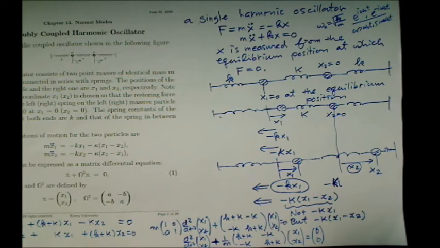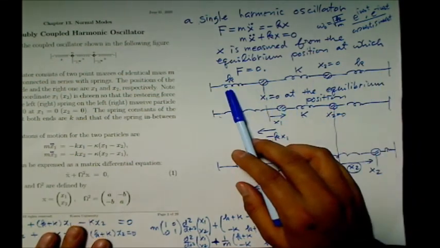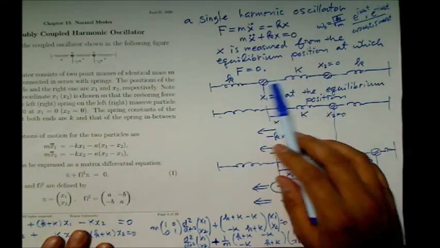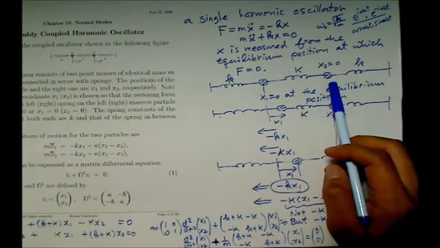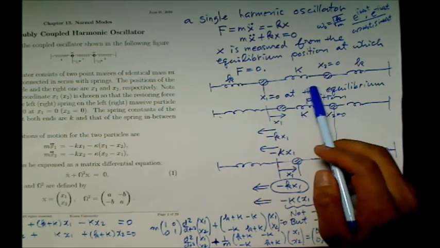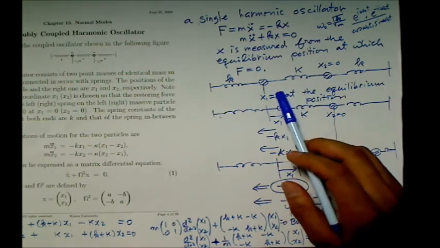In case we have two massive particles attached to springs separately, and then they are connected by a spring in the middle with the spring constant kappa. Suppose that these two particles are at the equilibrium point, so that these three springs are relaxed and do not contribute any force at all.